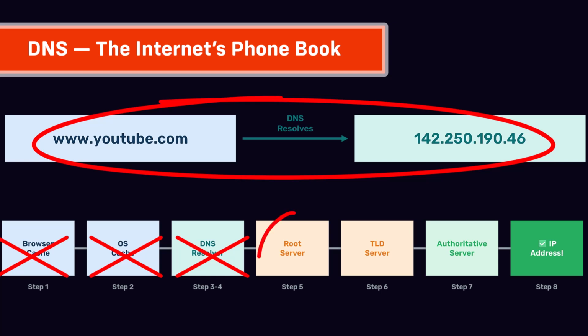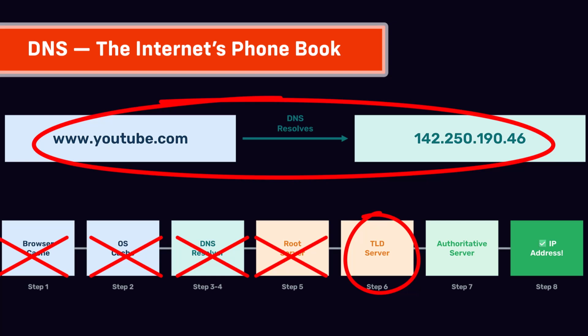Step 5: the resolver asks a root name server. There are only 13 sets of these in the entire world. So understand this: the entire DNS system is powered by only 13 sets of servers. The root server doesn't know where youtube.com is, but it knows who handles the .com domain. It says go ask the .com TLD server. TLD stands for top level domain.